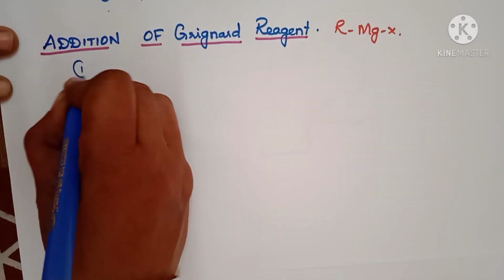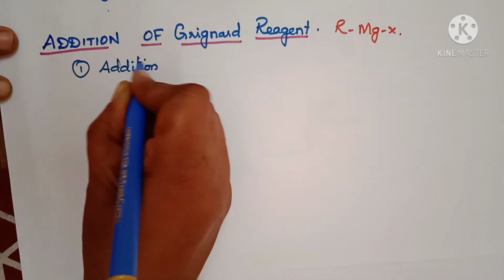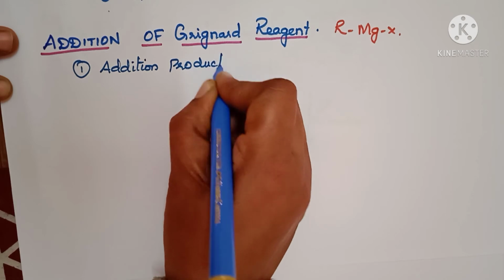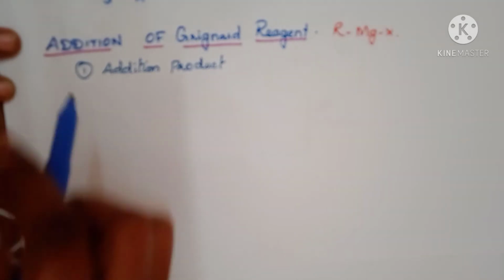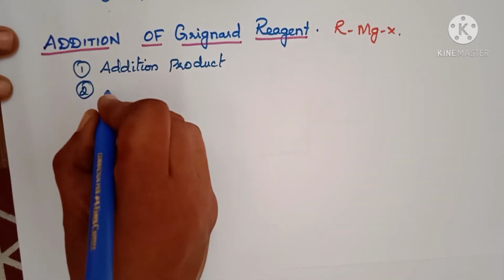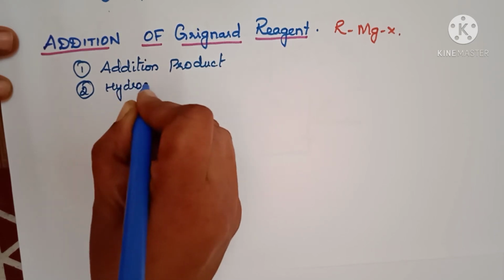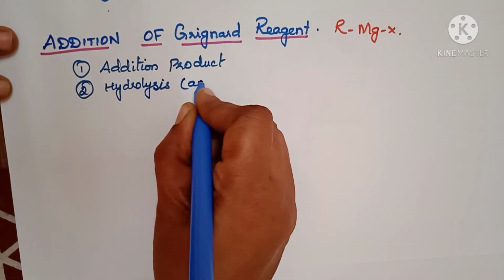The first step is the addition product. The addition product means a nucleophilic attack, where something is going to attach to the carbon. The second step is hydrolysis, which is nothing but protonation by acid.